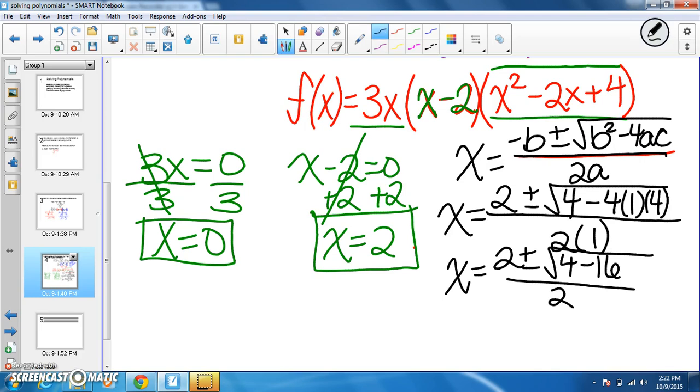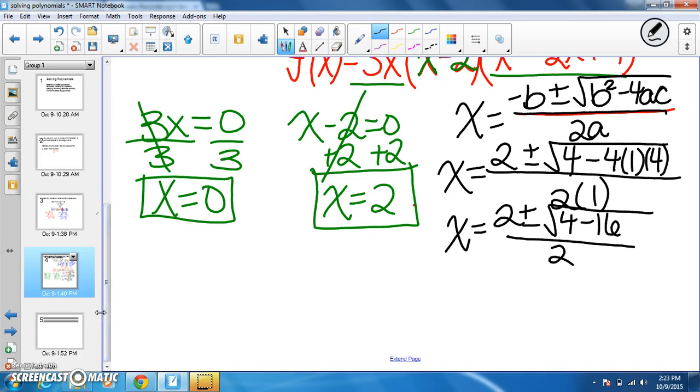No, we are not done. I have to simplify this, so I'm going to get x is equal to negative 2 plus or minus the square root of negative 12 divided by 2.